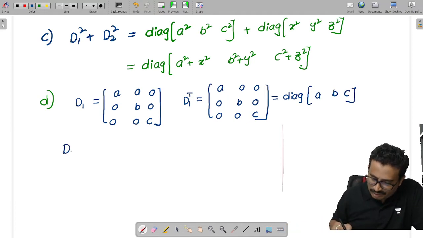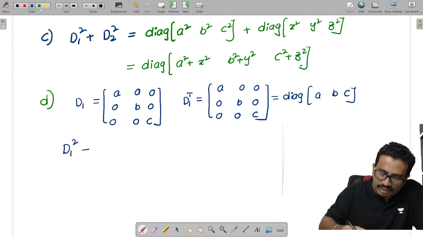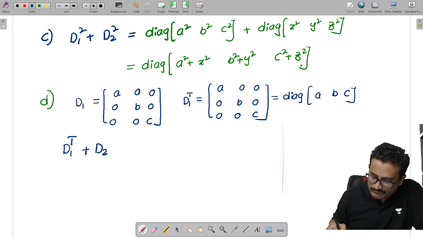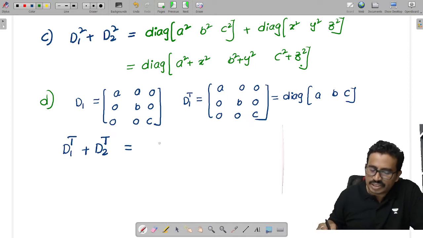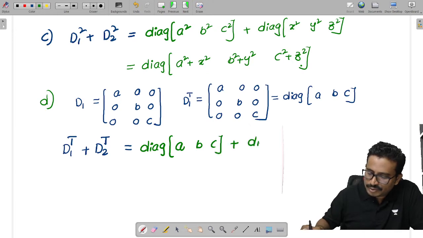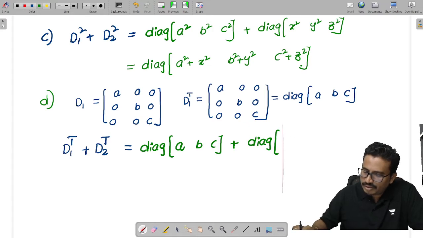Tell me now, D1 transpose. Now D1 transpose plus D2 transpose we need to find. It is given as the diagonal matrix of a, b, c plus the second matrix, the diagonal matrix of x, y, z.